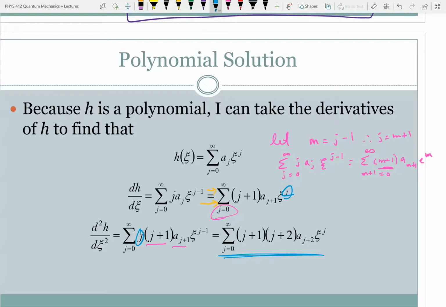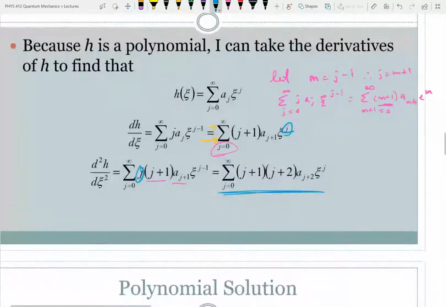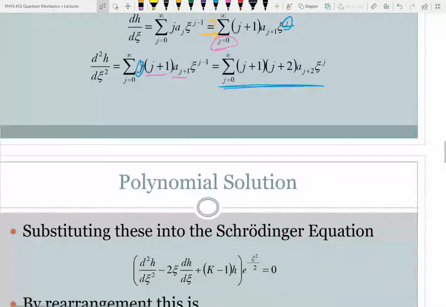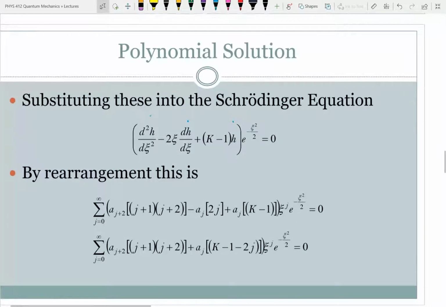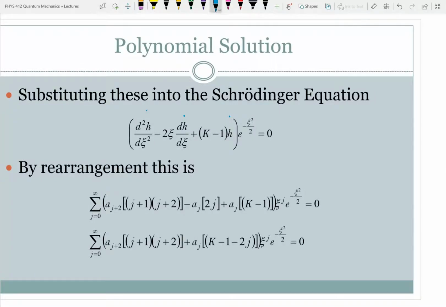So now we have the original function, first derivative and second derivative, all the polynomials, and we're going to put it in. So I'm going to put the second derivative here, first derivative there, my original function here. All of them had e to the j, so I bring the e to the j out.